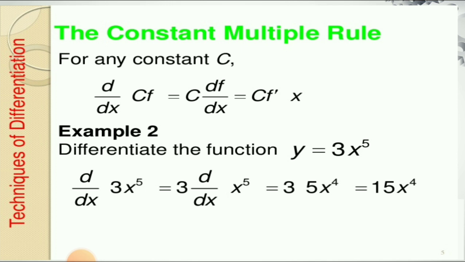So d over dx of 3x raised to the power of 5 is equal to 3 times d over dx of x raised to the power of 5, which is equal to 3 times 5x raised to the power of 4, which is equal to 15x raised to the power of 4. So the derivative of y equals 3x raised to the power of 5 is 15x raised to the power of 4.